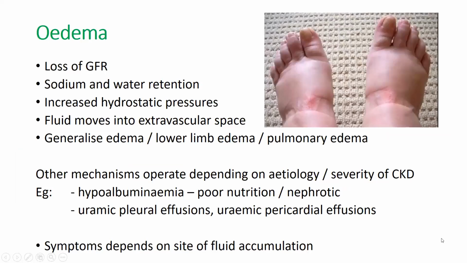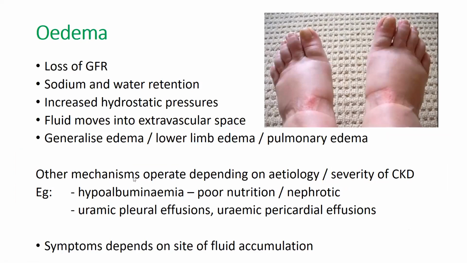If you talk about edema, again, as I mentioned, your GFR goes down. These patients retain lots of sodium and water, which leads to increased hydrostatic pressure intravascularly. And if you can remember the Starling forces from your physiology days, the higher the hydrostatic pressure, the more tendency for fluid to be pushed out into the interstitial compartment, and these patients end up with generalized edema, lower limb edema, pulmonary edema.